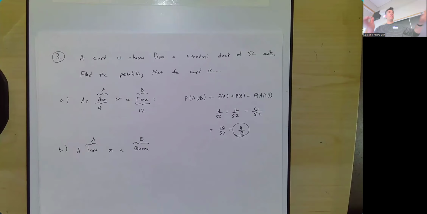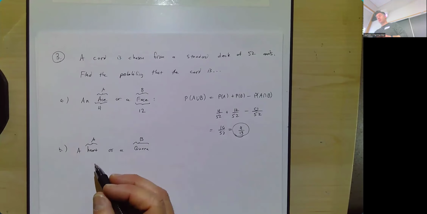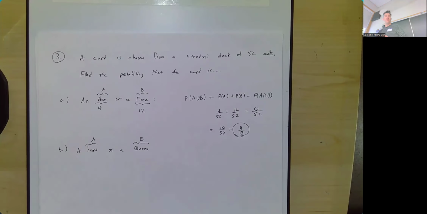The ranks are ace, 2, 3, 4, 5, 6, 7, 8, 9, 10, jack, queen, and king. And for each rank, there are 4 of each rank. Right. For each suit, and the suits are hearts, diamonds, clubs, spades, there are 13 of each suit. Ace of spades, 2 of spades, 3 of spades, 4 of spades, 5, all the way to king of spades. So if I want to know how many hearts there are, well, there are 13 of them.